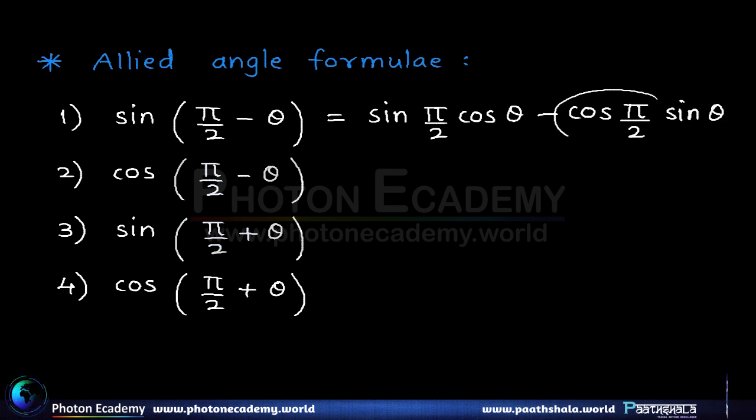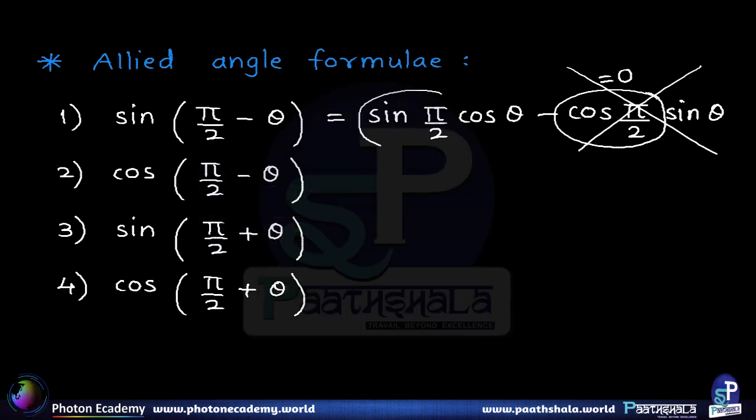But we observe that cos of pi by 2, that is cos 90, is 0. So therefore the entire second term will vanish, and sin pi by 2 is equal to 1. So therefore ultimately what remains is cos theta. So sin pi by 2 minus theta is nothing but cos theta.